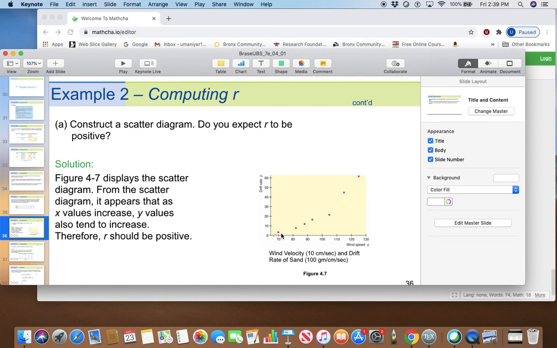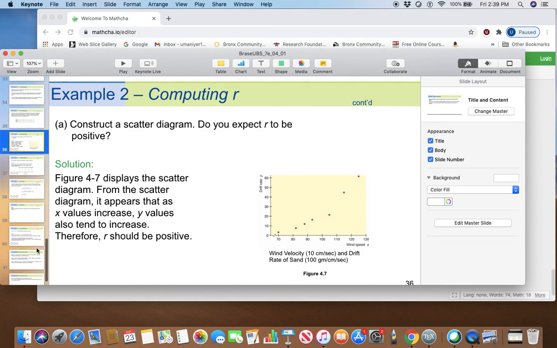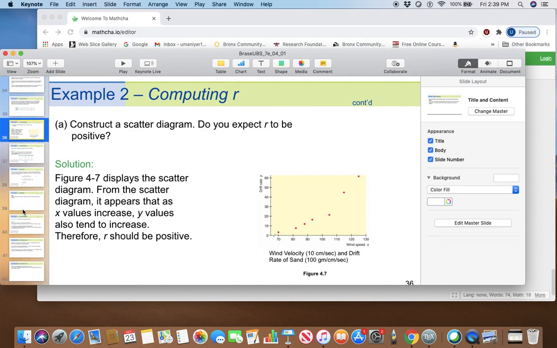That is, they are not all in a straight line. In fact, they seem to be more like on a curve. We can draw a best fitting line. Okay, so this is your scatter diagram. From the scatter diagram, it appears that as the x values increase, y values also tend to increase. So you're going to expect your coefficient of correlation to be positive.